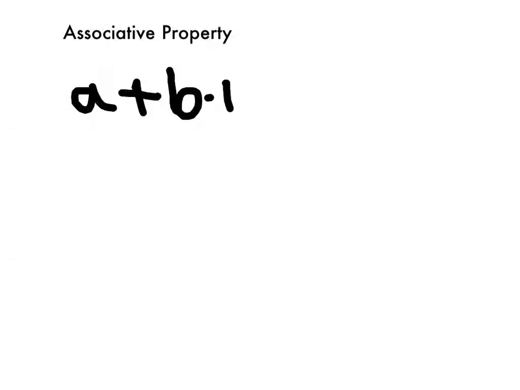The associative property of addition and multiplication states that in mathy language, for any number A plus B plus C, we can add those in any order and still get the same answer.